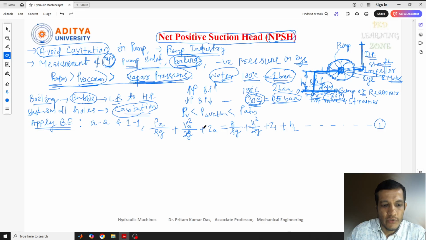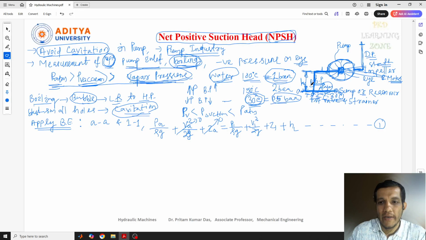Now in this equation, at the starting point, the atmospheric level A, the height value is 0, because the water starts from here, and it needs to travel from this point to the next level. So the distance value is 0, and the velocity of the fluid at the starting point is also 0.